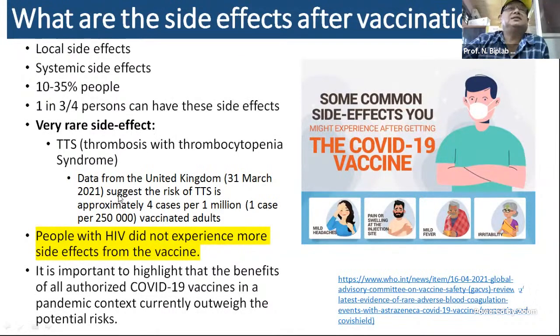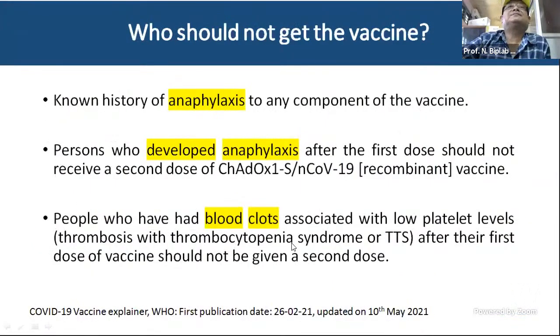And the people with HIV did not experience more side effects from the vaccine. It is important to highlight that the benefit of all authorized COVID-19 vaccines in a pandemic context currently outweighs the potential risks of having the infection.